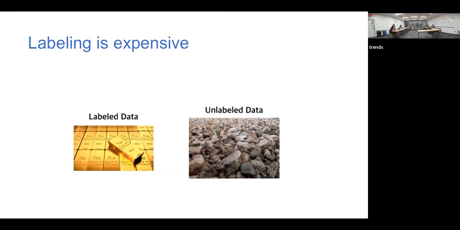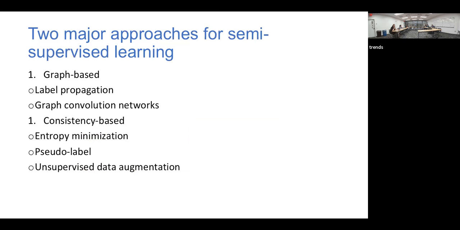And this problem is actually not a typical semi-supervised learning using graphs. There are two main approaches in semi-supervised learning, graph-based and consistency-based. And our focus is on the graph-based approach, which is label propagation.